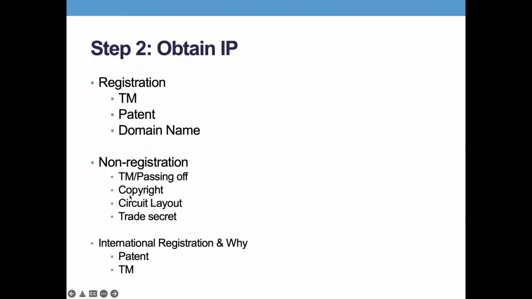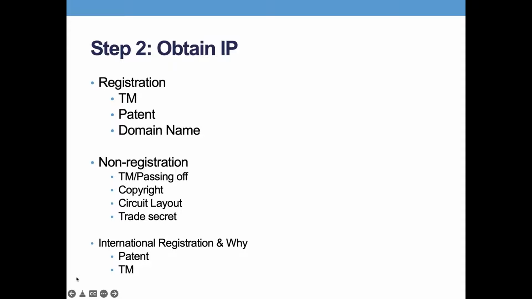As for copyright, in the United States there is a mechanism for copyright registration, but in most other countries we get copyright directly, without going through registration. Circuit layout became a tricky question, but now that most countries have joined the Washington Treaty, circuit layout is also subject to registration.